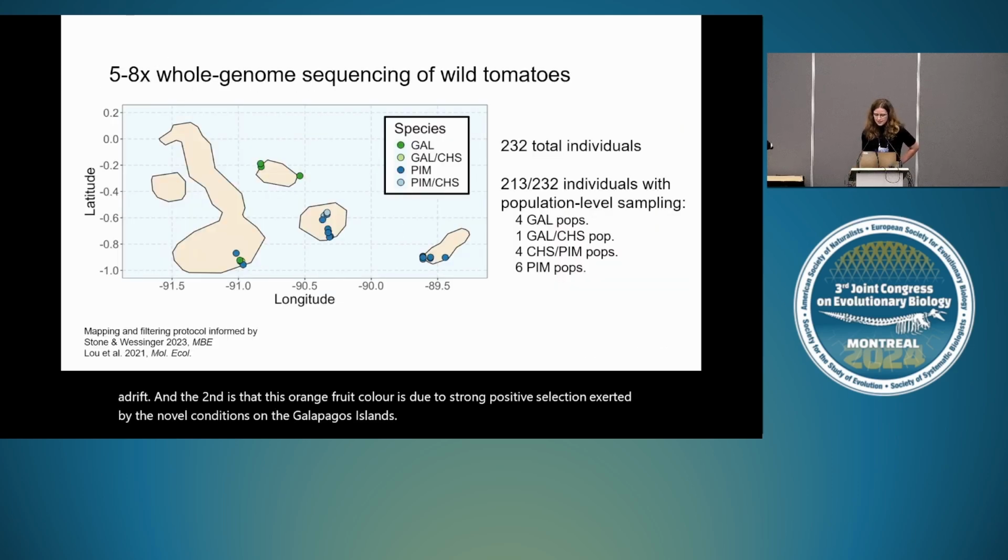In order to test these hypotheses, as well as to answer a range of questions about this system, my lab has generated over 200 low-coverage genomes across 4 types of populations. One is putatively pure galapagense populations. Another is galapagense, cheesmaniae, and putative hybrids. We have also putatively pure pimpinellifolium populations, and finally populations containing pimpinellifolium, cheesmaniae, and putative hybrids.